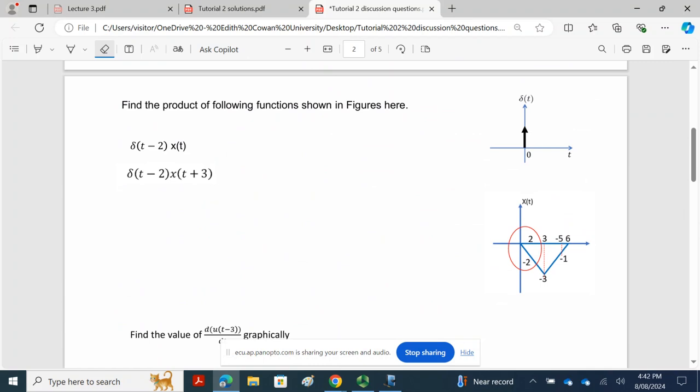Now, let's think about this question. We are multiplying a delta function with a signal. Now, what was delta? Delta function is actually the impulse. The simpler definition, it comes with this and disappears.